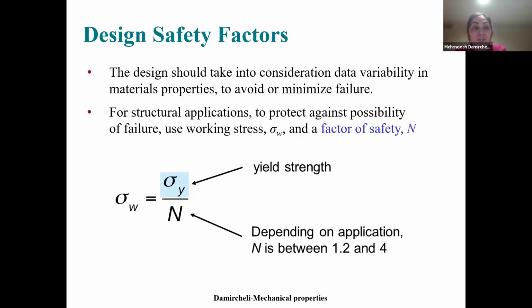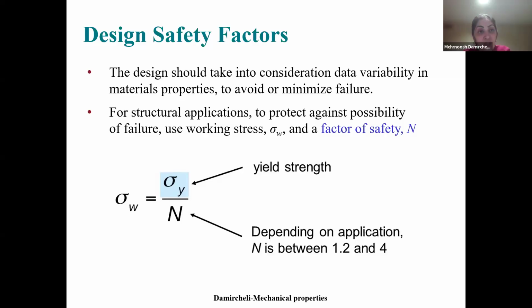Okay, one very important thing in design is the design safety factor. The design safety factor is used to ensure engineers that structures and components operate safely under unexpected loads. For example, we know the yield strength of a material, and we want to design structures that are n times safe, which means the allowable stress should be sigma y divided by n.